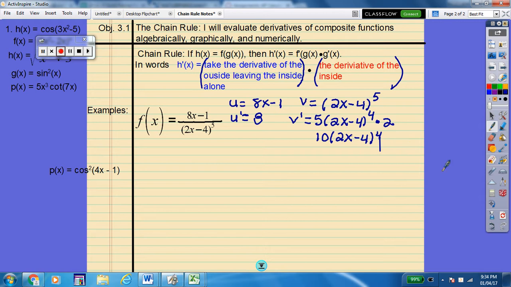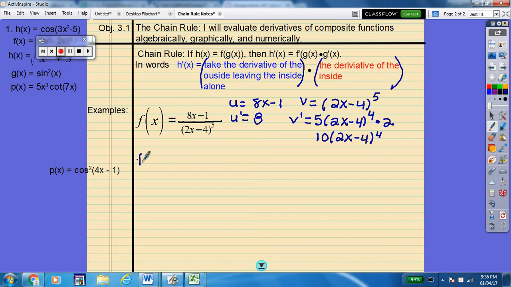And now we're going to go ahead and set up the quotient rule. Okay, so now it's going to be v times u prime.